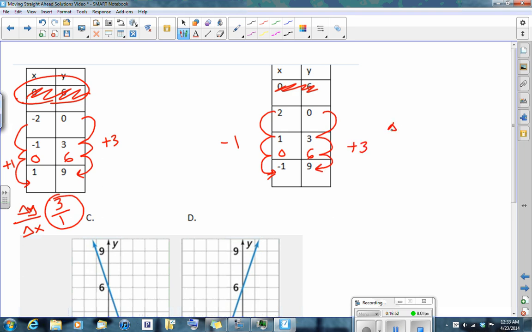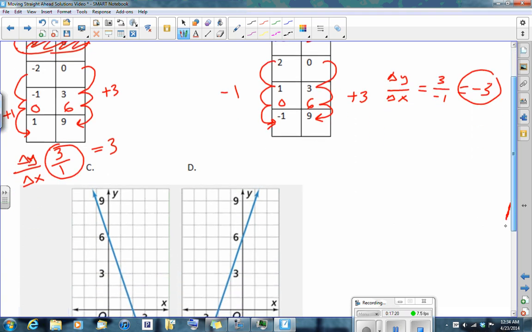If we think about change in y over change in x, the slope is 3 over -1, or -3 if you want to reduce. Just like this one over here, slope, you could call it 3. Over here, slope, you could call it -3. 3 divided by -1. So we've got our slope for both of these. One is positive and one is negative.